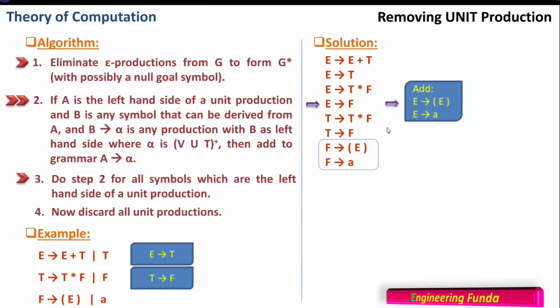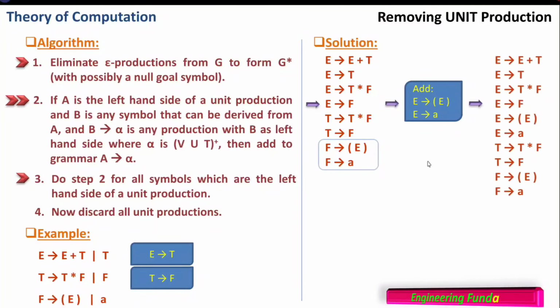So the new productions will be E tends to bracketed E and E tends to A, because we know that E tends to F and F tends to bracketed E. In the same way, E tends to F and F tends to A. We add these to our grammar, so it is updated with 2 more productions. Now 6 productions became 8 and these 8 productions will now become 10.